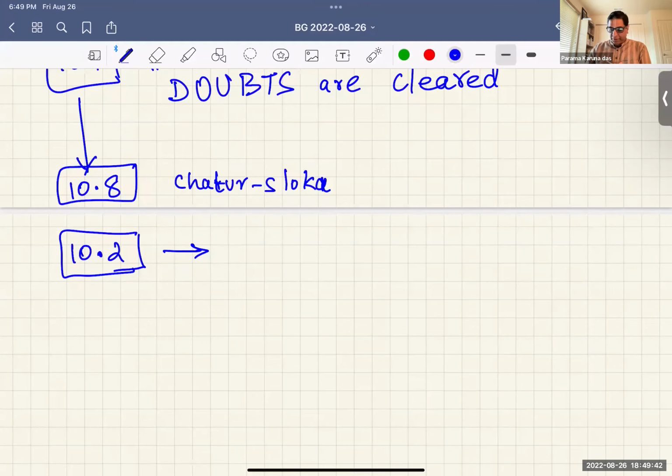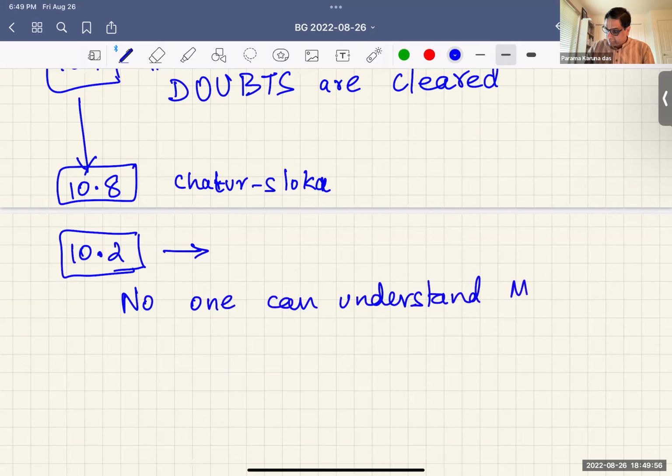the hurricane that occurred. So the point of 10.2 is what Lord Krishna is saying: that no one, or almost no one, can understand me. Even though in the previous chapters Lord Krishna has explained, one can read the chapters, and that is why the 9th chapter is called confidential.